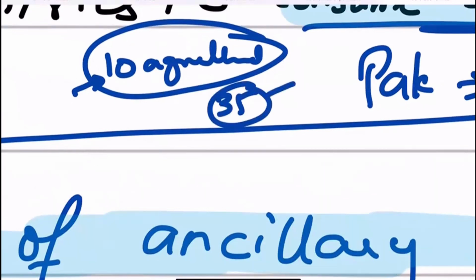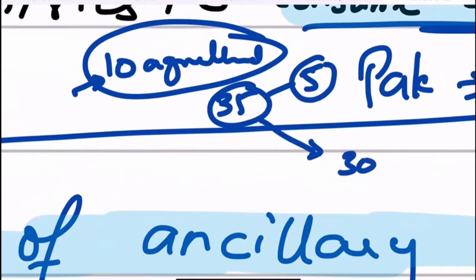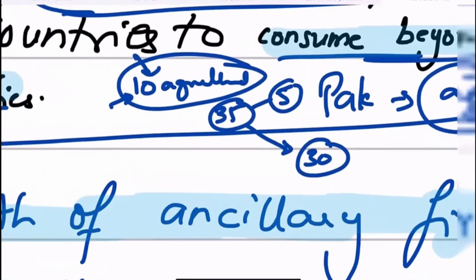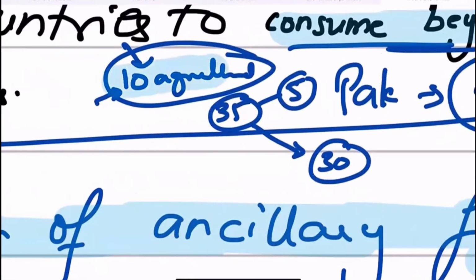Out of 35, it could end up exporting 5 and consuming 30 locally. So initially, it was only producing 10, but now it is producing 35 and consuming 30. Actually, initially, Pakistan was only producing 10 and consuming 10, because it was trading domestically. Now you produce 35 and you consume domestically 30.